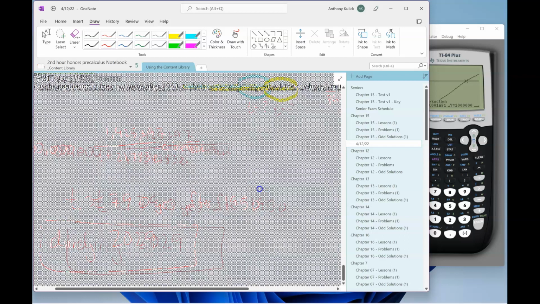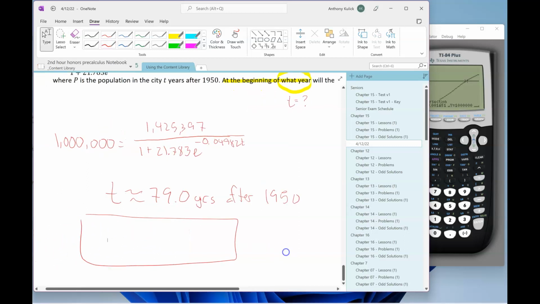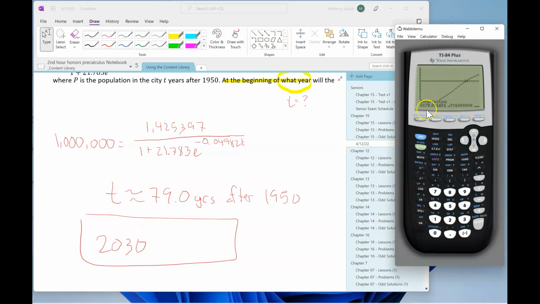Actually, what does this say? At the beginning of what year? Uh-oh. What should we say here? Because 2029 won't quite be there, right? Now you're on it.